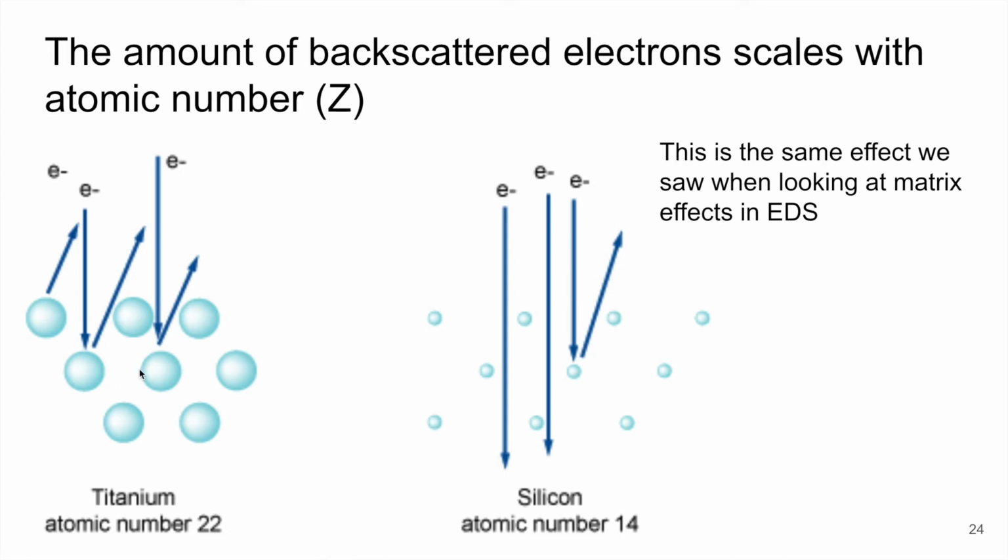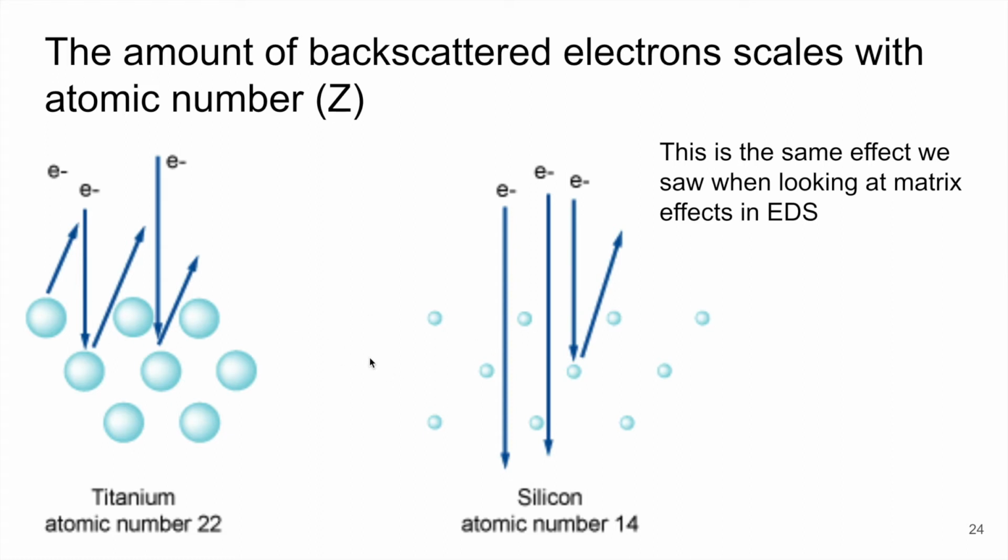So there are more protons and neutrons to interact with, and electrons will backscatter at a higher rate when the atomic number is higher. So we'll get more backscattered electrons from titanium than from silicon.